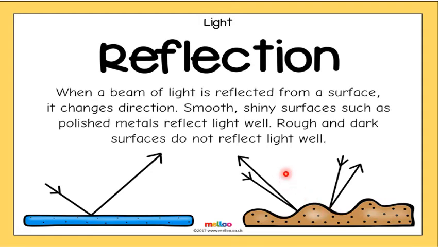So what does it do? It does not reflect the light well as the smooth and shiny surface do. Clear? What is reflection? Bouncing back of light, and this bouncing back of light varies from object to object. The shiny and smooth surfaces will reflect more of the light, and rough and dark surfaces do not reflect the light well.